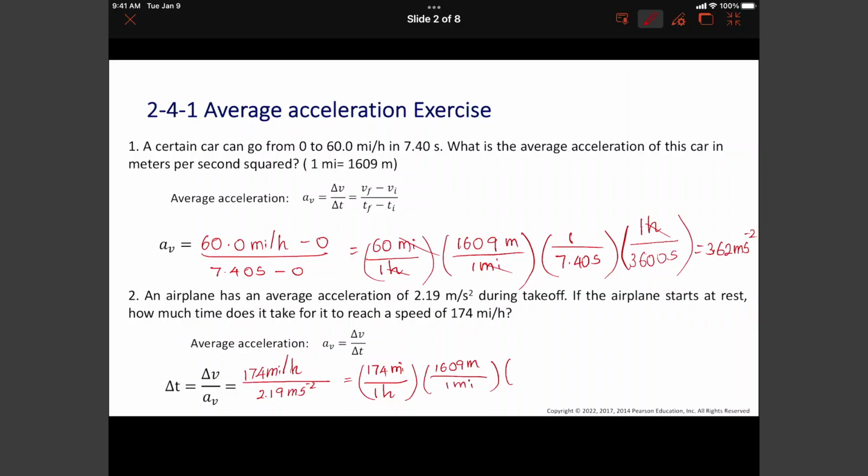Then we have the acceleration value of 2.19 meters per second squared, and we need to convert 1 hour to 3600 seconds.